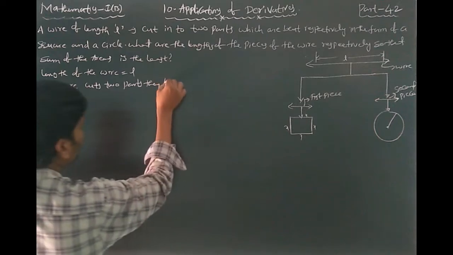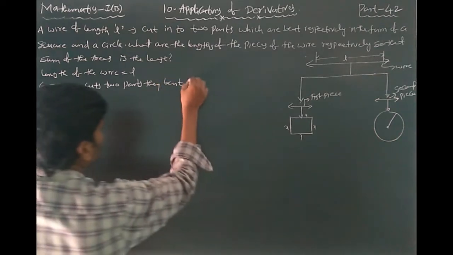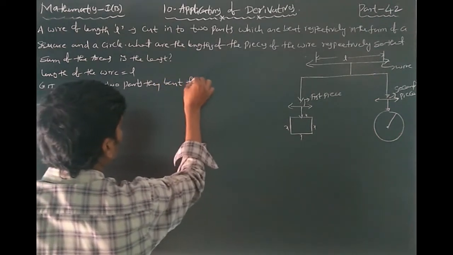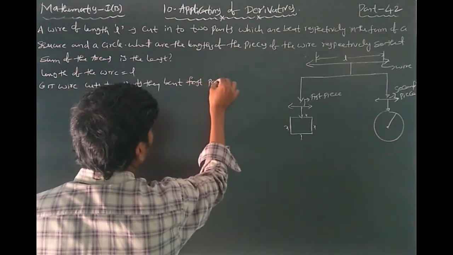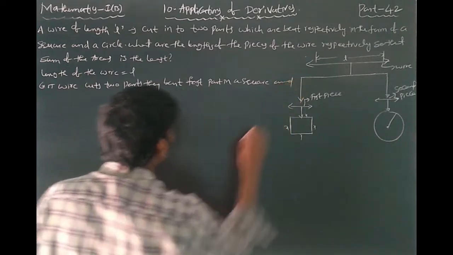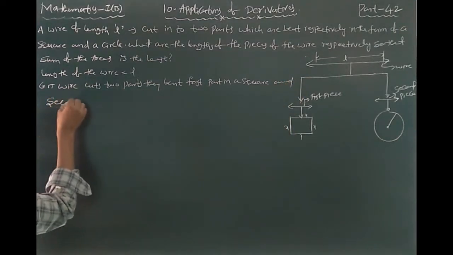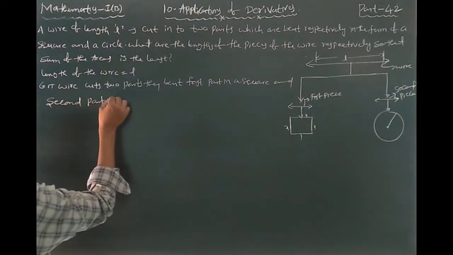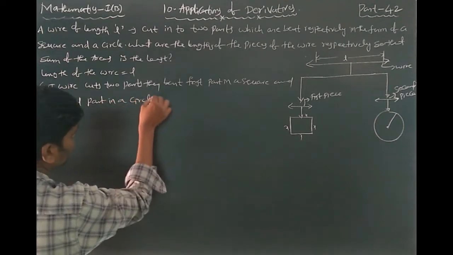Given that the wire is cut into two parts, then bend the first part into a square and the second part into a circle.